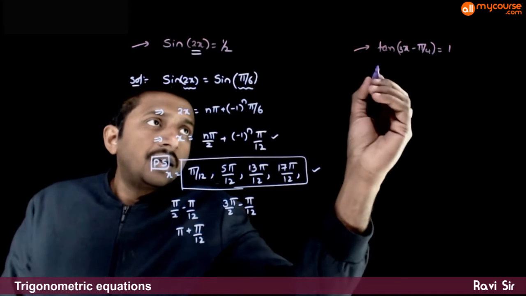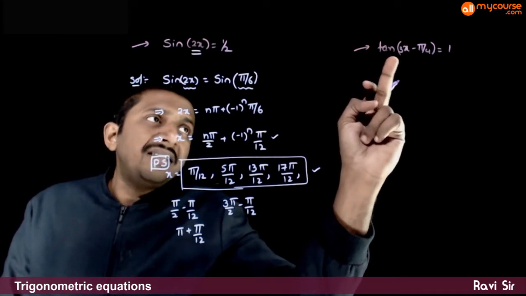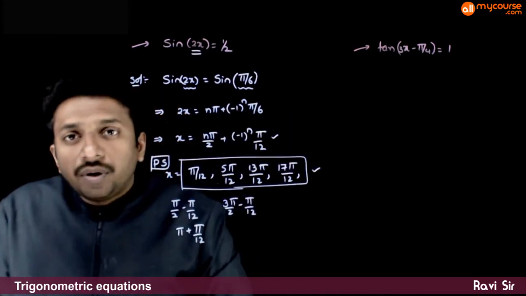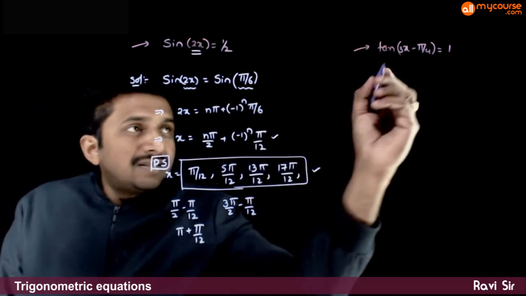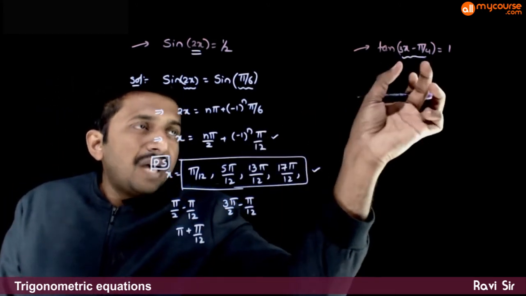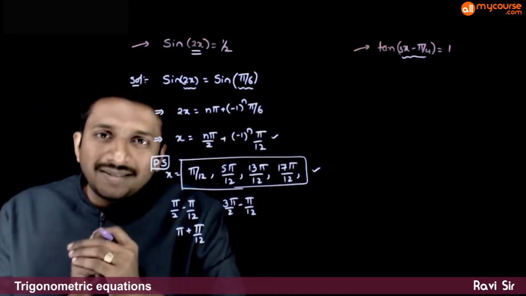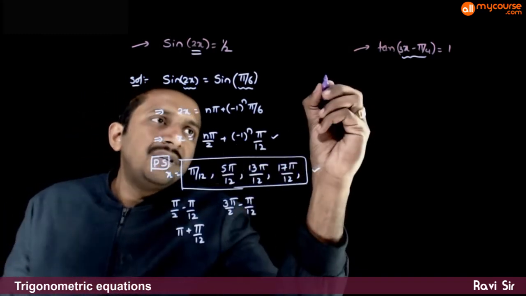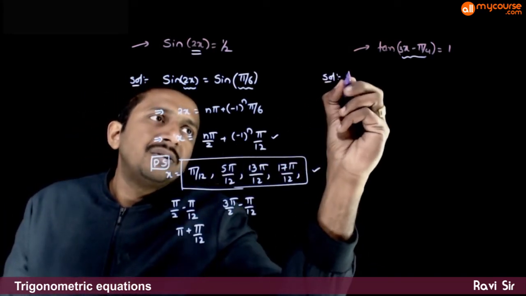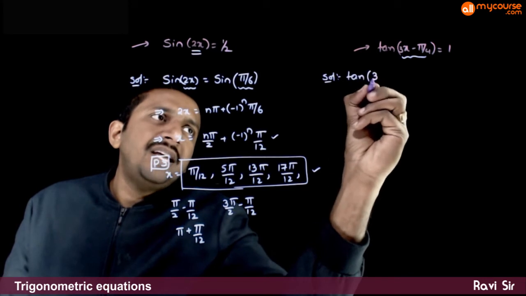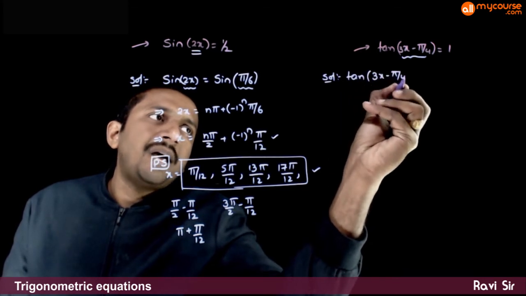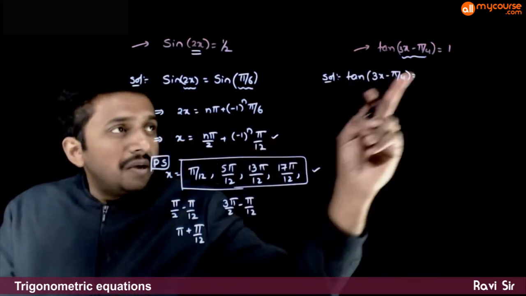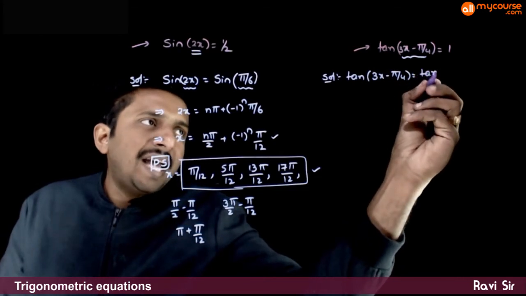So next, the question given is tan of 3x minus pi by 4 is equal to 1. So inside tan, instead of x, you have 3x minus pi by 4, that's an entity. So how do we solve this? Tan of 3x minus pi by 4 is equal to 1 can be written as tan pi by 4, right?